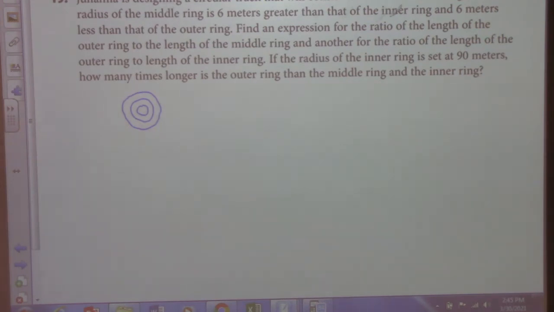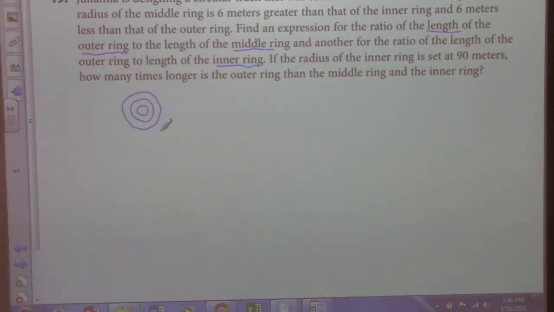And so what do we know? We're trying to find the ratio of the length of the outer ring to the length of the middle ring, and the length of the outer ring to the length of the inner ring. So we need to find expressions for the lengths of the inner ring, middle ring, and outer ring. And what information do we know, and we're talking about a circular track.